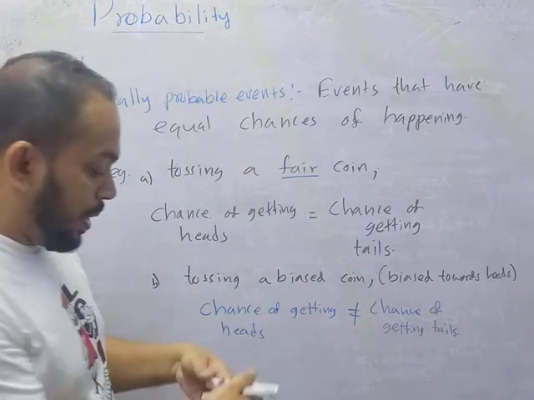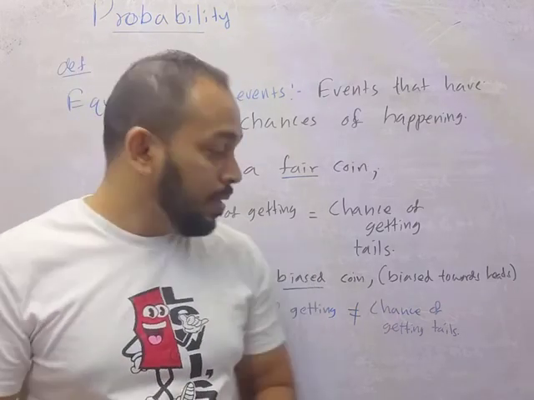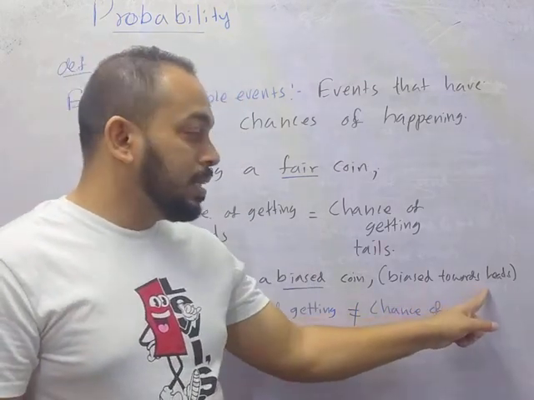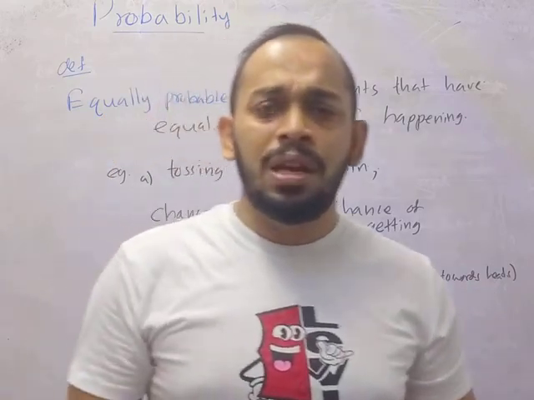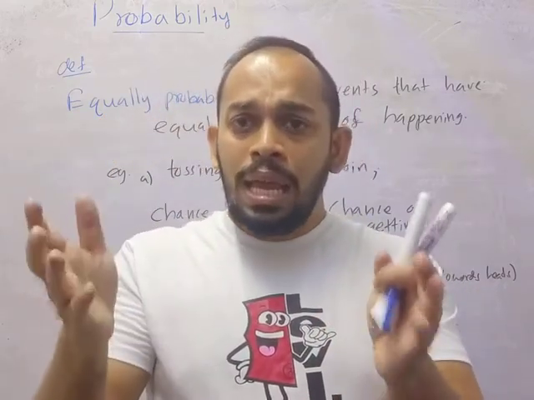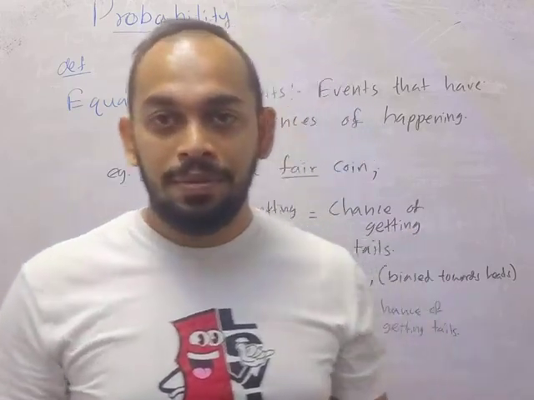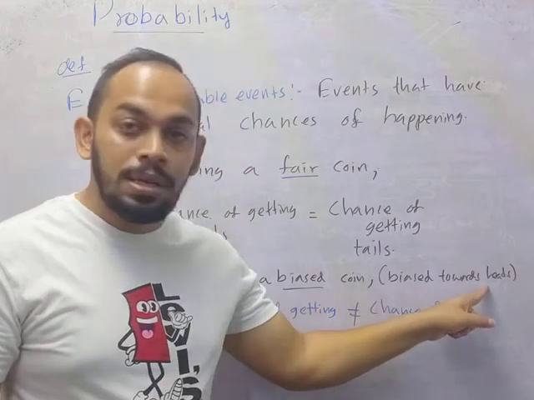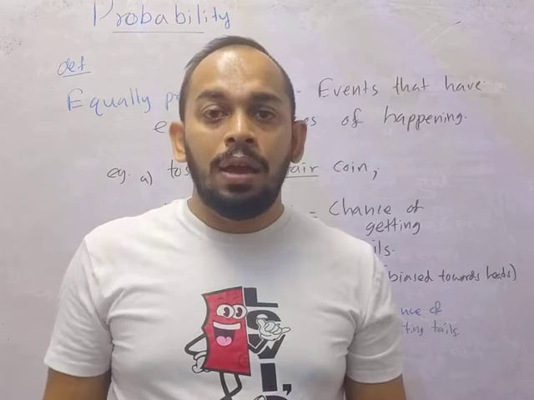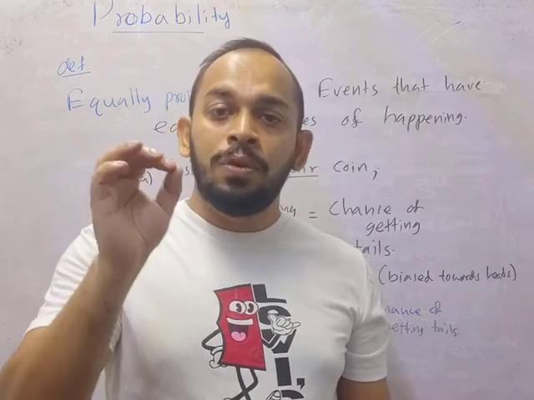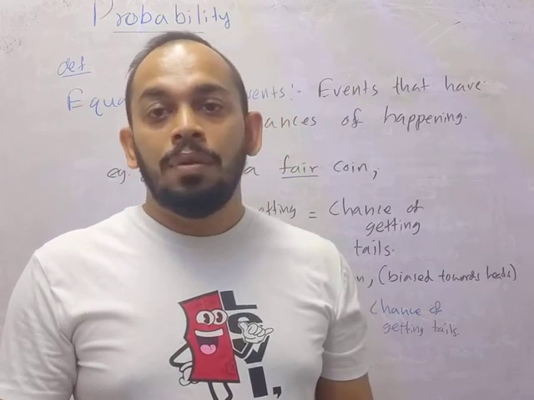Tossing a biased coin. Biased, let's say biased towards heads. That means if you toss a coin many times, heads will appear most of the time if it is biased towards heads. If it is biased towards tails, when you record all the tosses, you would find that tails appear many times.